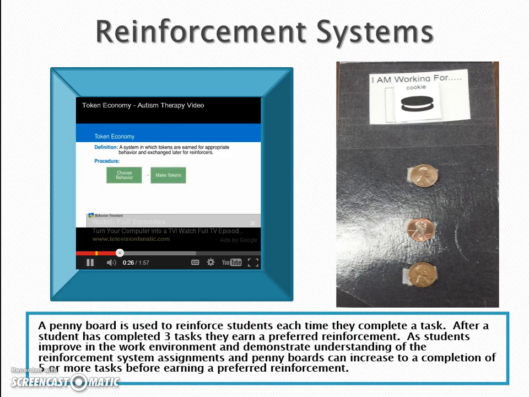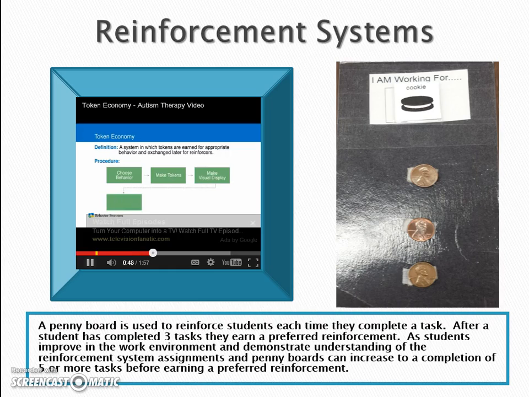The next step is to make the tokens, which can be points, check marks, stickers, coins, tickets, or stars. Next, you should make a visual display, such as a page with boxes, a picture, a cup, or a folder.